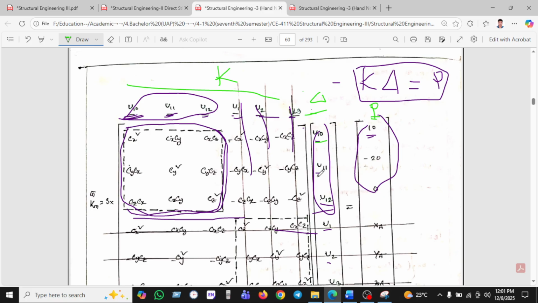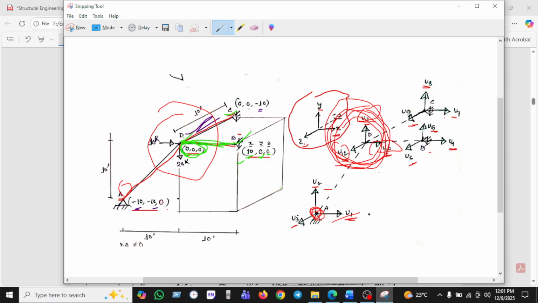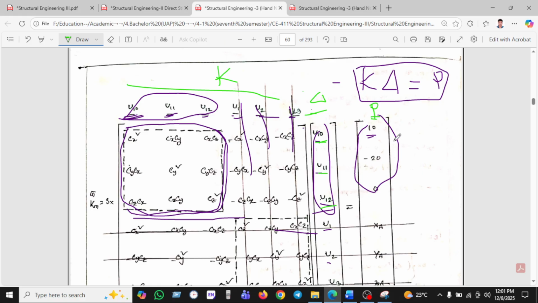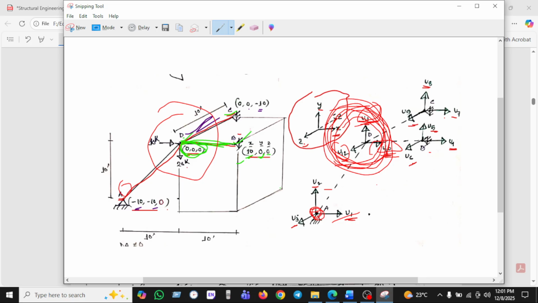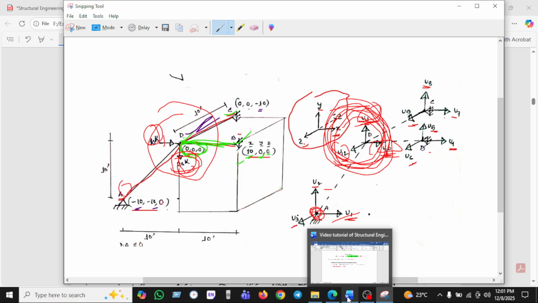This is U10, U11, U12, as we have known here. This is the stiffness, this is the displacement, and this is the P. P is given here. We have seen it in the diagram. This is 10, this is 20, and another is 0. So 10 is the x direction, and 20 is the vertical direction, and the z direction is 0.